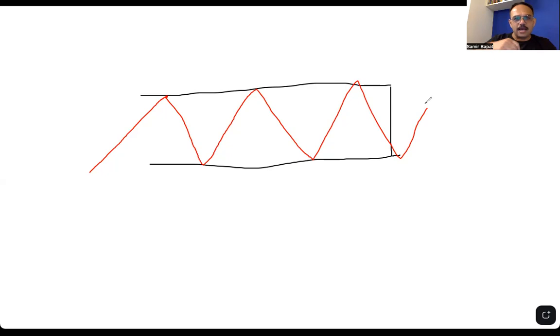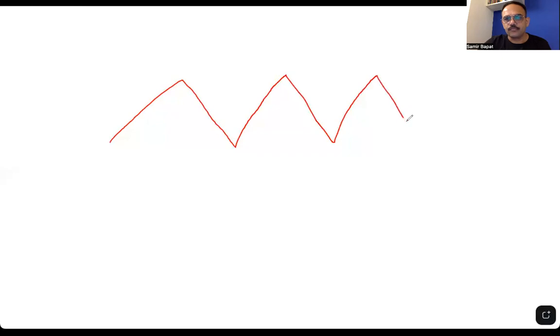Yes? Okay. Now, since we started with the box, let's see the other way round. Let's remove everything, and if we have a price movement which is going up, down, up, down, like this, can we now imagine a box that somehow this price is trapped inside?